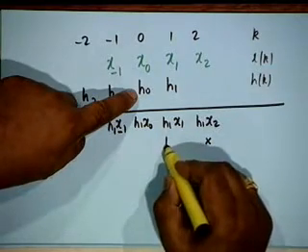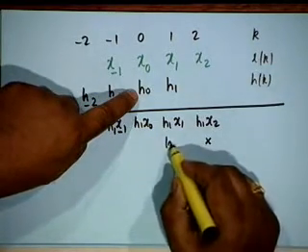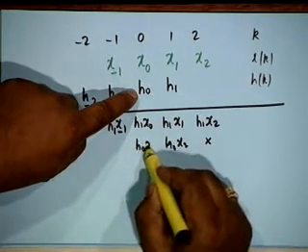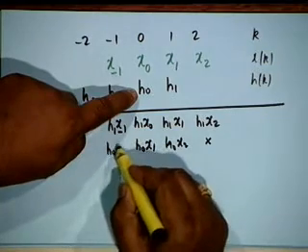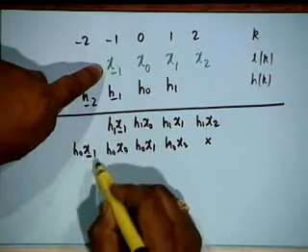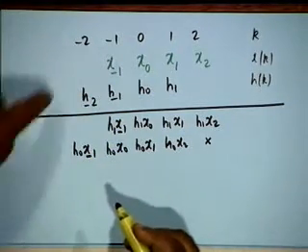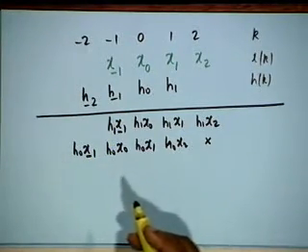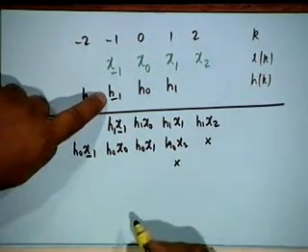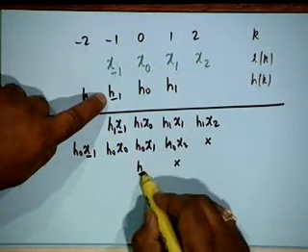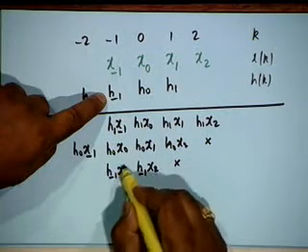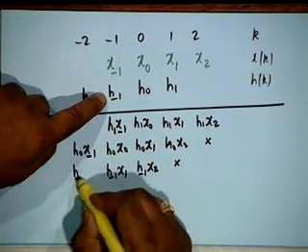So we put h naught x2, then h naught x1, h naught x0, h naught x of minus 1. It has gone beyond, but does not matter, under minus 2. Next one, I put another cross here, and I go like this, h minus 1 x2, h minus 1 x1.